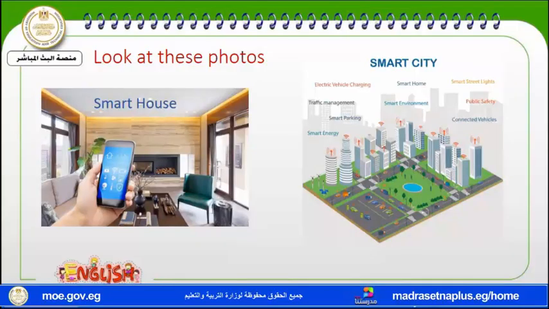We have a smart city, which has electric vehicle charging, a traffic management system run by computer, smart parking, smart energy, smart homes, environment, everything there is smart. It's ruled by computers, completely, like this house, which is controlled by your mobile phone, from curtains to devices and so on.